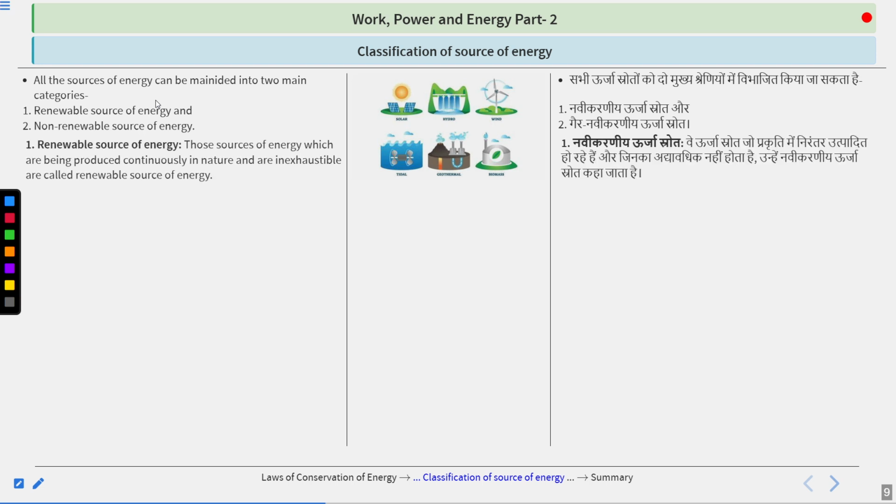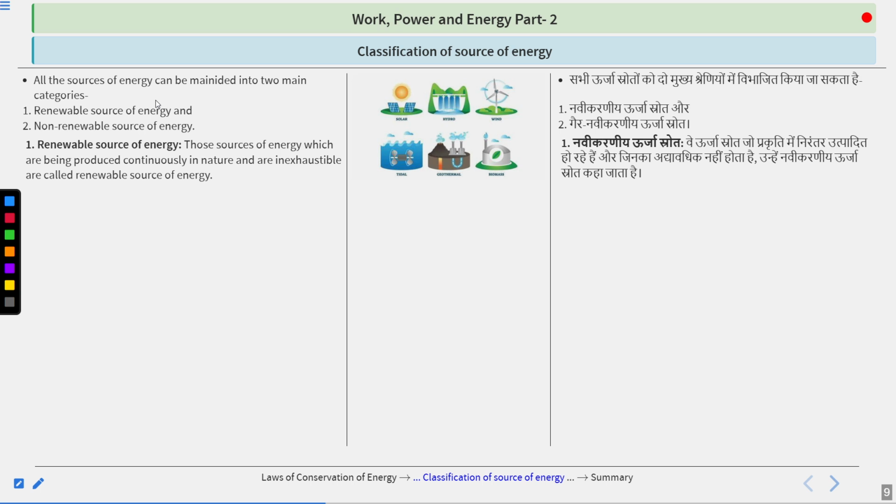First, a renewable source of energy. Those sources of energy which are produced continuously in nature and are inexhaustible are called renewable sources of energy. Naturally they are being produced and they cannot be exhausted, so they could be used forever.